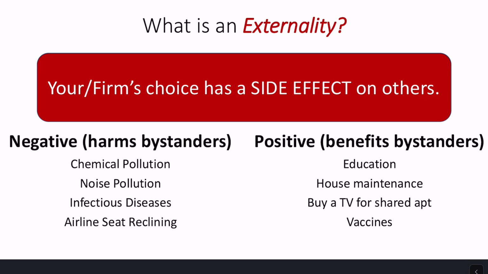Vaccines, this would be like flu vaccines. If I get a flu vaccine, I am reducing my own risk of getting serious flu symptoms. That would be the private return. The external benefit to other people is that if I get the flu vaccine, I'm less likely to pass it on to them. And so we have massive external benefits from people getting vaccinated.